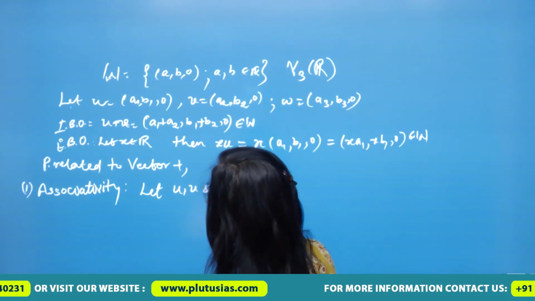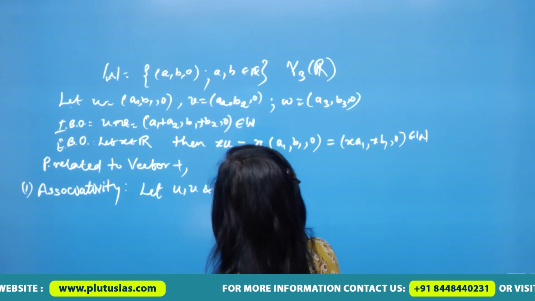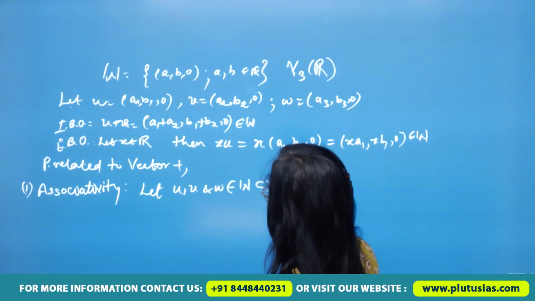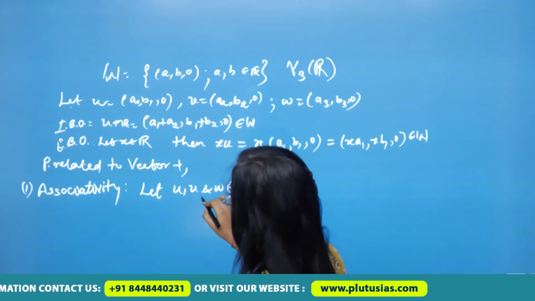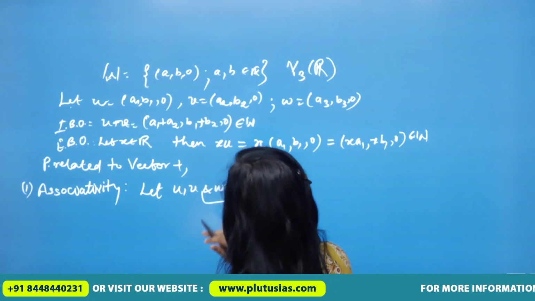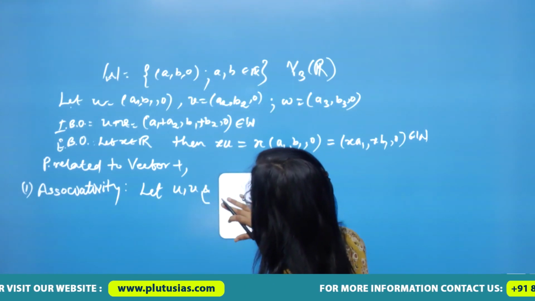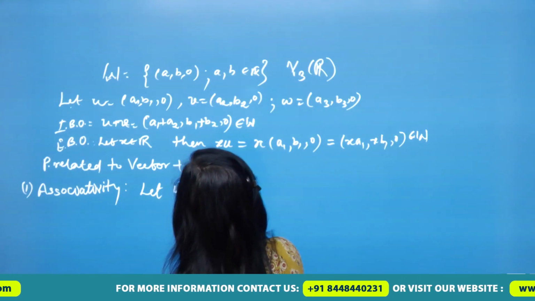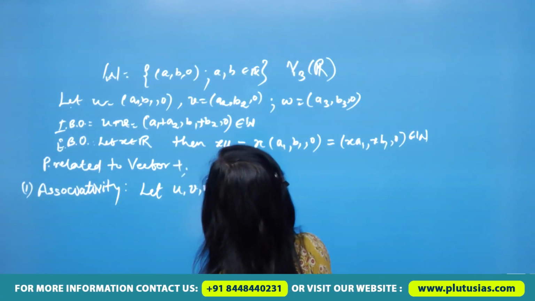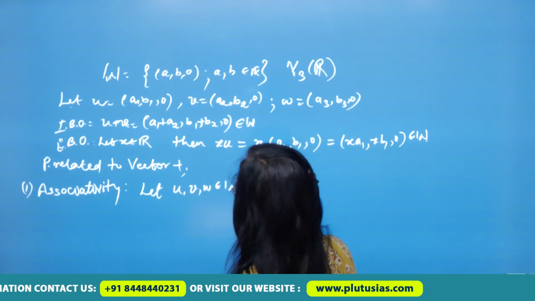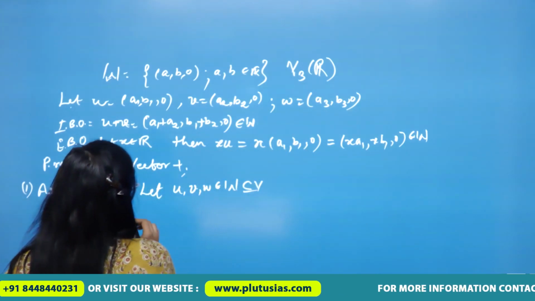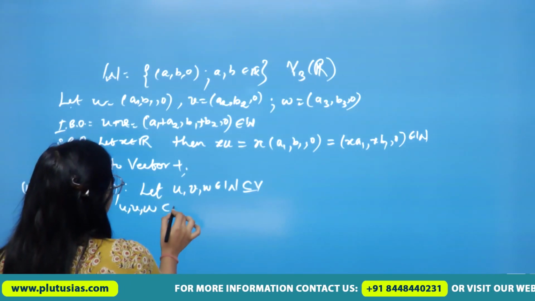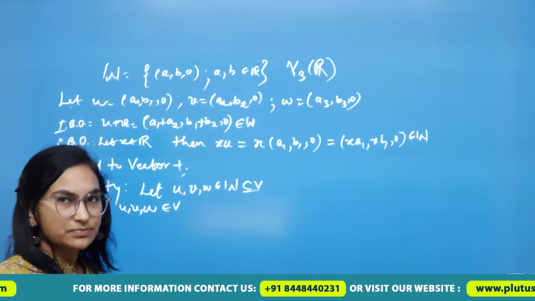But we know that if these three elements belong to W and W in itself is a subset of V, then u, v, w are elements of W and this is contained in V. Indirectly u, v and w are nothing but elements of V, but V is a vector space.